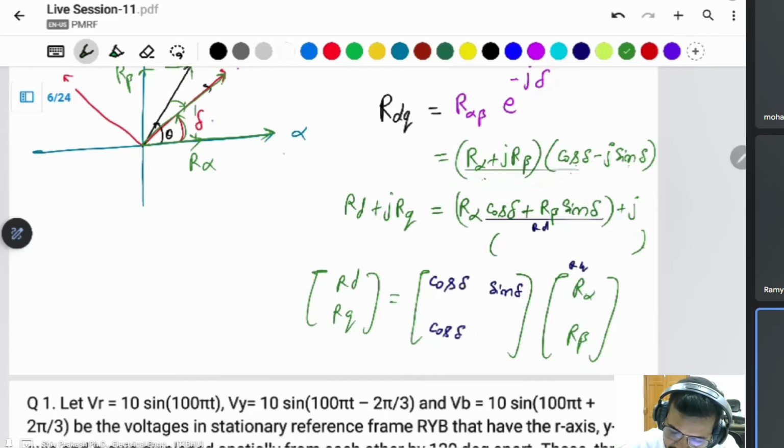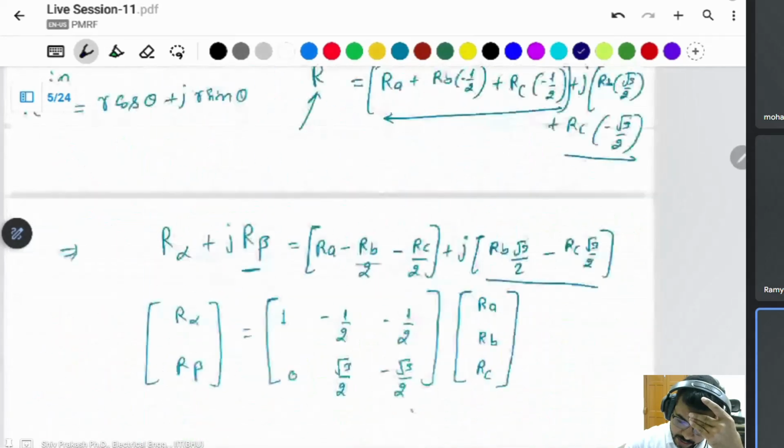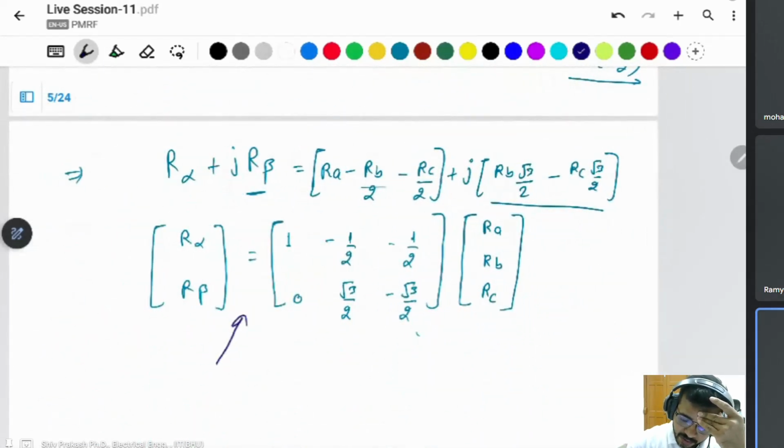Multiplying this one gives the imaginary part, j r beta cos del. You multiply this one to this one, it gives the imaginary part, minus r alpha sin del. Same thing we will replace here, minus sin del. This will be cos del. Then after that you can use r alpha and beta with the ABC. Can you simply use r alpha here?